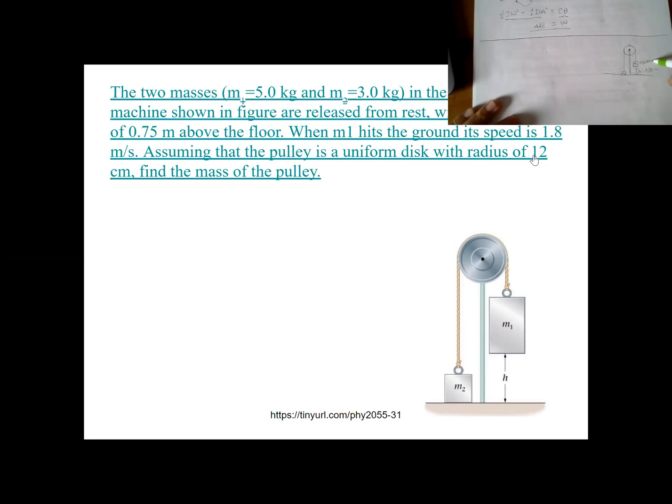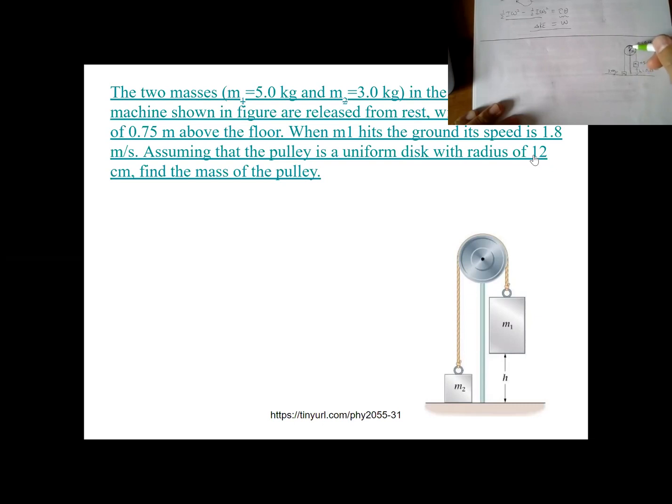M1 is 5 kg, M2 is 3 kg. Now, what would be the mass of this pulley? Let's call it capital M, and the radius, let's call it R. It says it's 12 centimeters, so that means 0.12 meters. Just convert it into that.